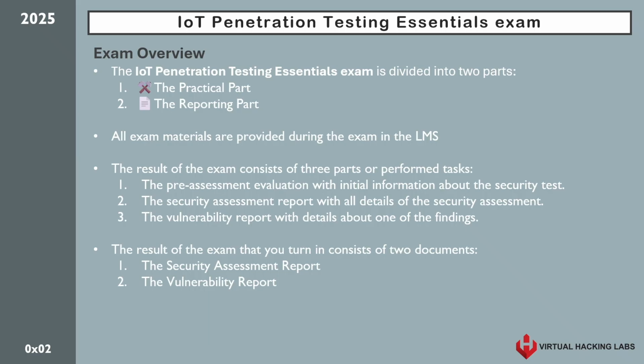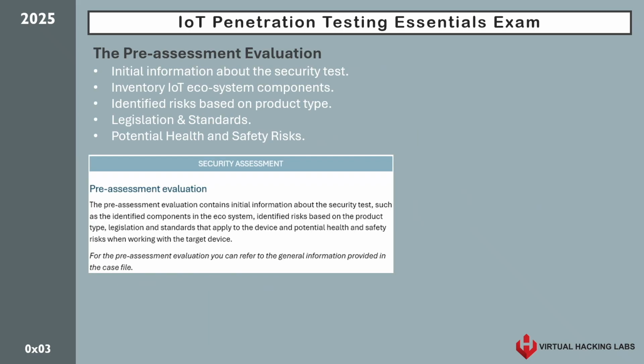The result of the exam consists of three parts: the pre-assessment evaluation with initial information about the security test, the security assessment report with all details of the security assessment, and the vulnerability report with details about one of the findings. The final result of the exam consists of two documents: the security assessment report and the vulnerability report. Let's go through each part in more detail.